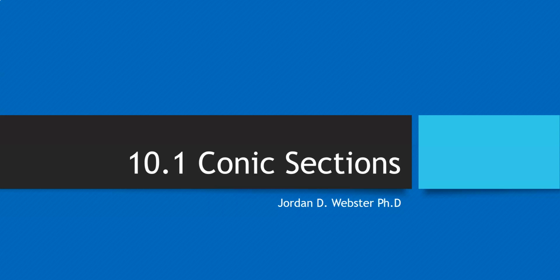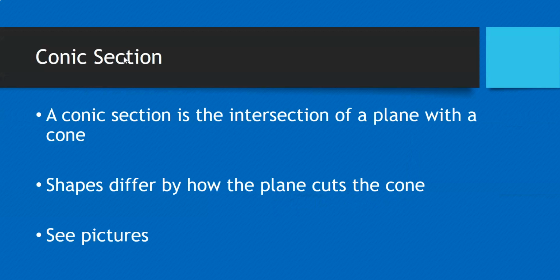And the first section here is devoted to conic sections because conic sections are an interesting place where you can write a conic section in a number of different ways. So we're going to start out with the idea of what a conic section is.